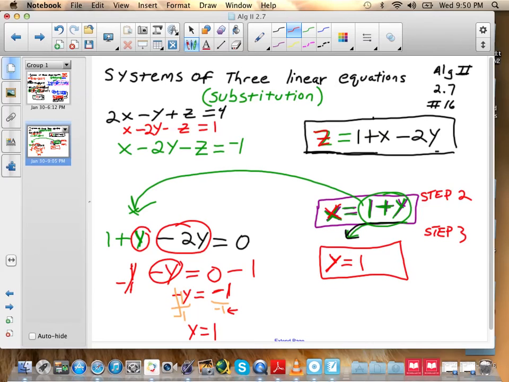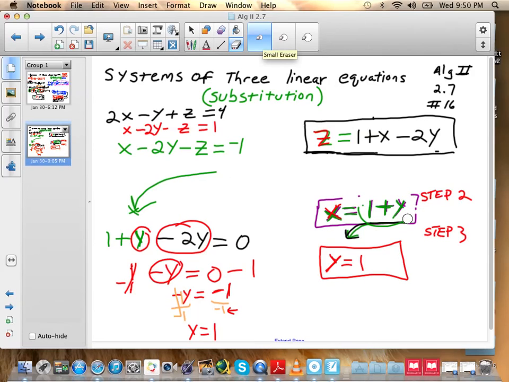So if I look at this, what I notice now, I'm going to move this just so it's not an eyesore. What I have finally is all variables x, y, and z are now equal to something.